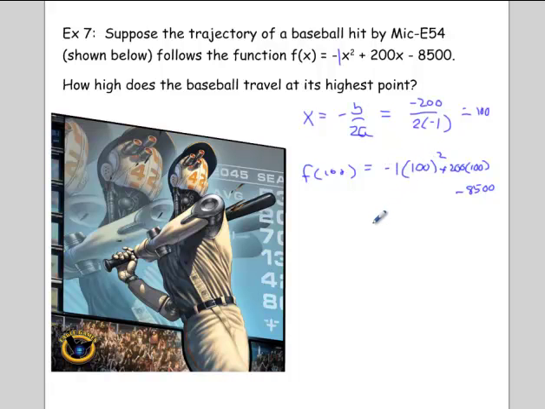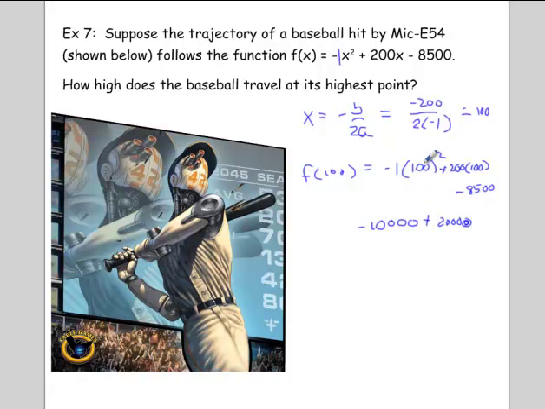100 times 100, that's going to be 10,000. Multiply by a negative 1, and it's negative 10,000. 200 times 100, this is easy. If I'm not using a calculator, I just do 2 times 1 is 2, and then I have 1, 2, 3, 4 zeros. If you didn't know that trick, it comes in handy.